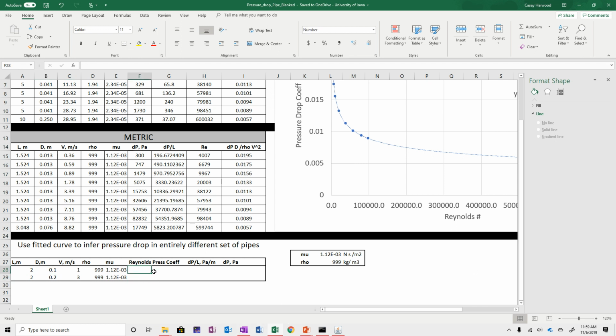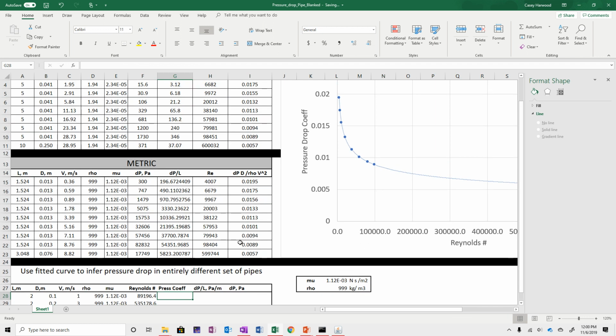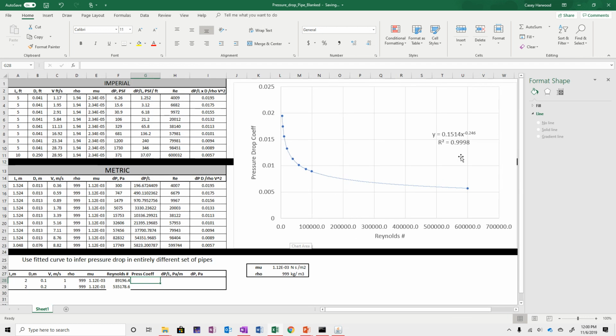So we calculate the Reynolds number for each of these: V times D times rho divided by mu. And then we estimate the pressure drop coefficient using this equation right here, 0.1514 times the Reynolds number raised to the negative 0.246.